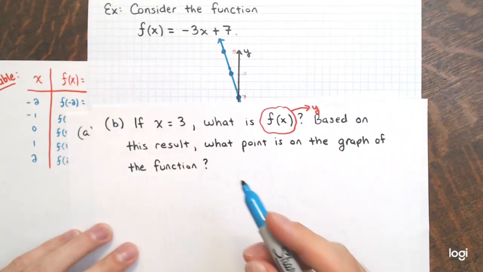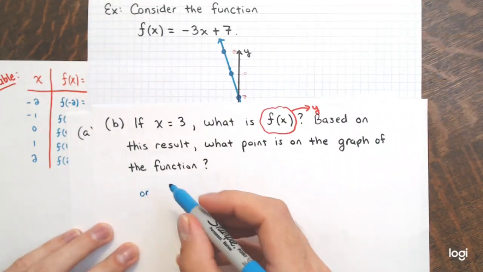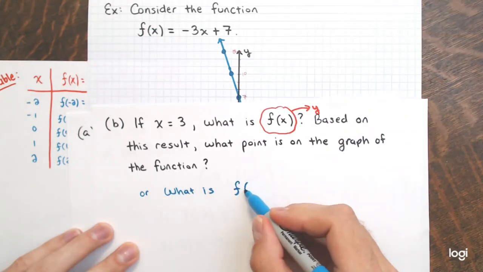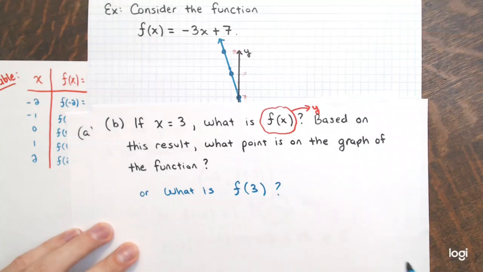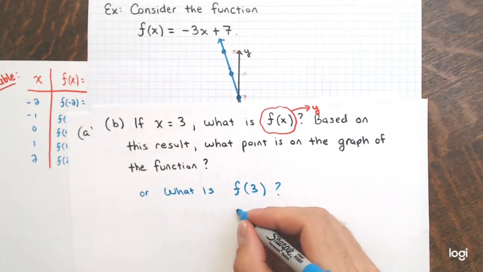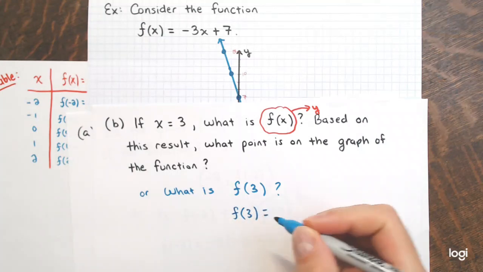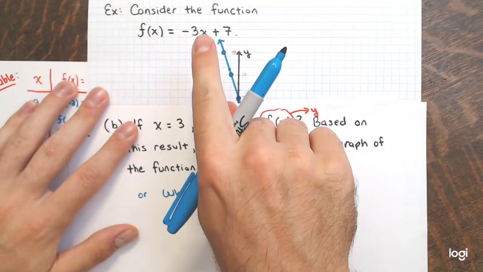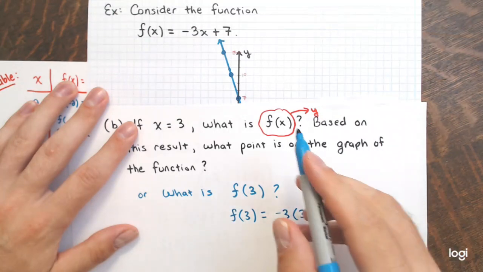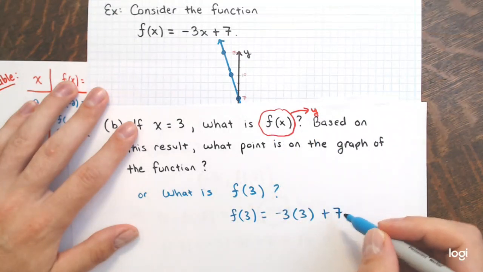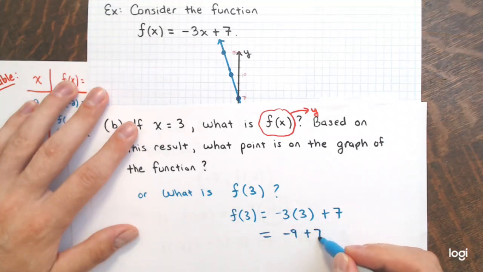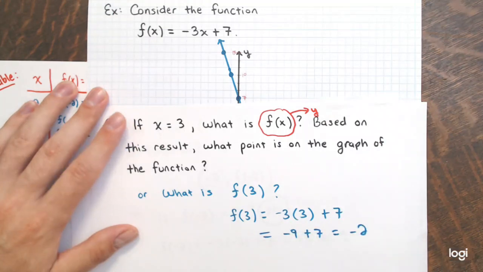Another question they could be asking here is, what is the value of f at 3? What is the value of f when x equals 3? So f of 3, let's go back to the function, is replace x with 3. It's -3 times 3 plus 7. That's -9 plus 7, which is -2.